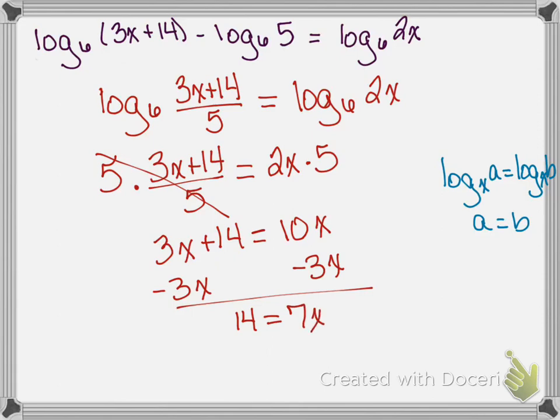What's my next step? Divide by 7. Okay? I did not get a negative number, but if I did, I would need to go back and make sure that didn't make my index negative. Okay, that's that number that we're taking the log of. Okay?